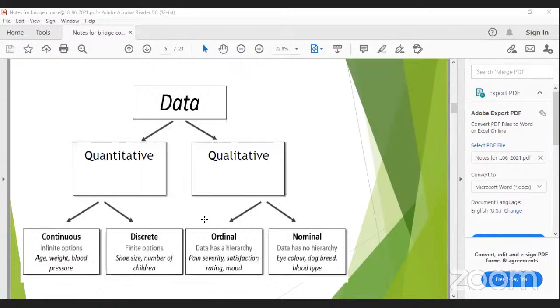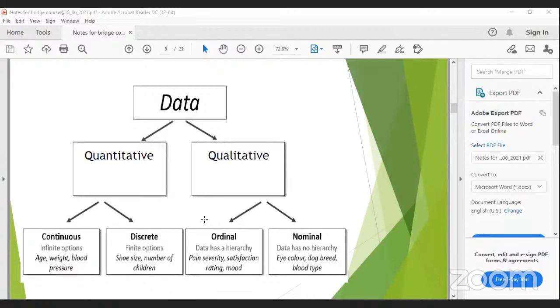We have two types of data: quantitative and qualitative. I will not describe much about this because I know everybody knows it very well, and if I go on talking about it we will become bored. Under quantitative data, it is further divided into two subcategories: continuous and discrete.